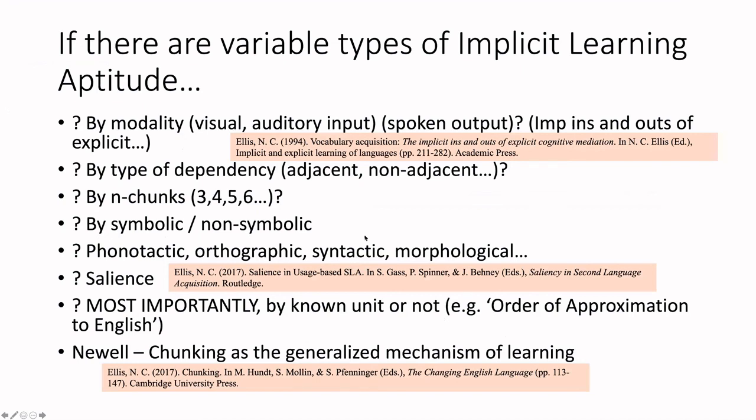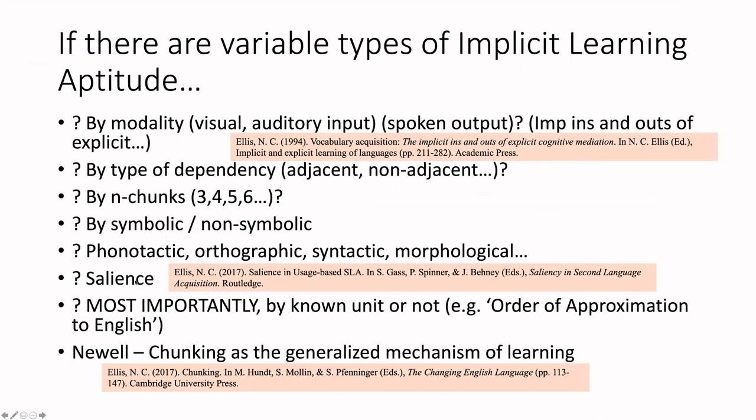If there are various types of implicit learning aptitude, are they by modality? Probably. Are they by dependency type? Probably. Are they by whether or not the things that you're learning are symbolic or non-symbolic? Almost certainly. Are they dependent on domain of language? Yes, probably.